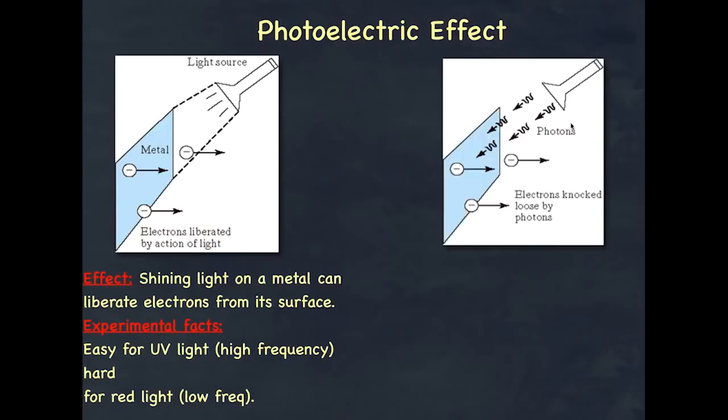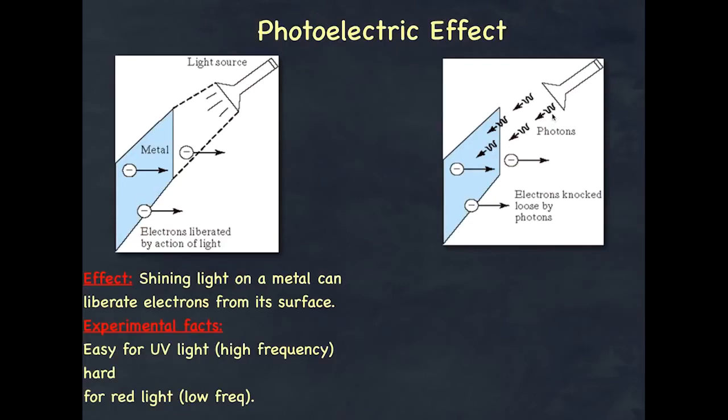So what he says is this: how about we treat light, as Planck suggested, as actually in a particulate form? That is, it comes in discrete amounts. And these, what we now know as photons, have a specific wavelength and therefore a specific frequency. He suggested that the energy of the photons contributes to the release of the electrons.